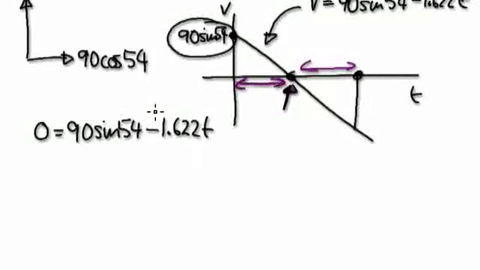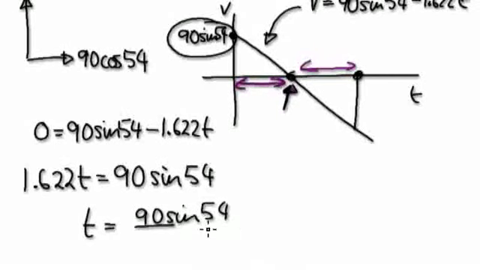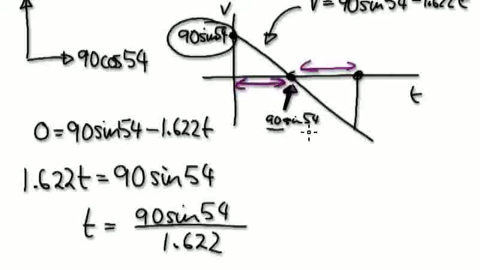So now add this thing to both sides. So this would be 1.622 t equals 90 sine 54, and then solve for t. So t equals 90 sine 54 over 1.622. Okay, so this point here is 90 sine 54 over 1.622.